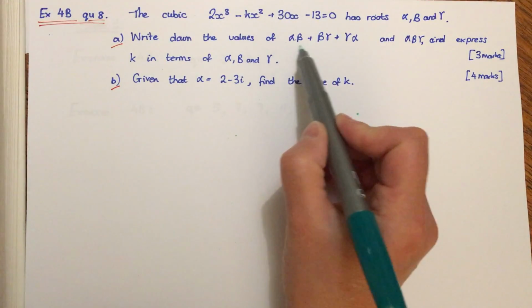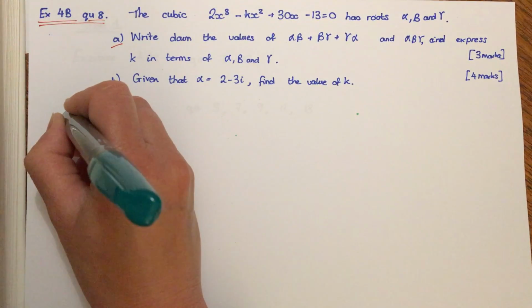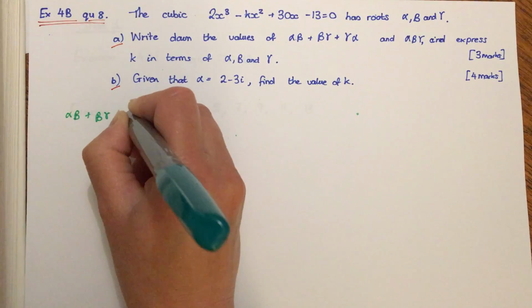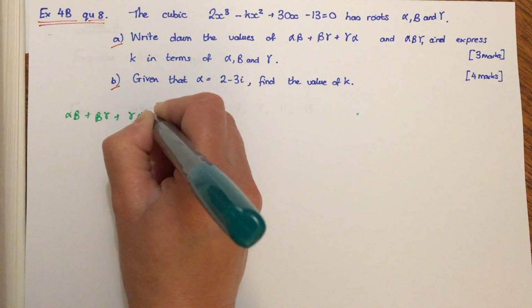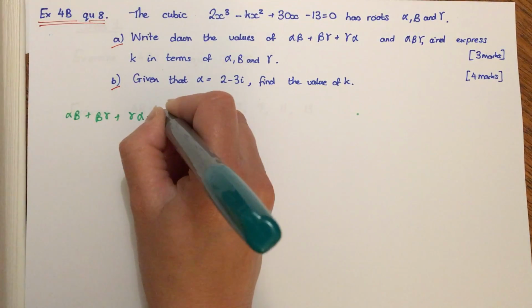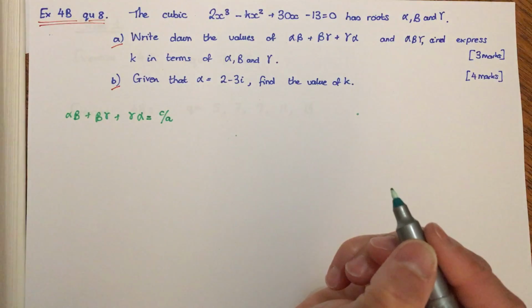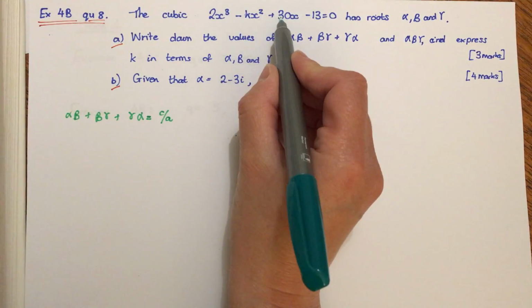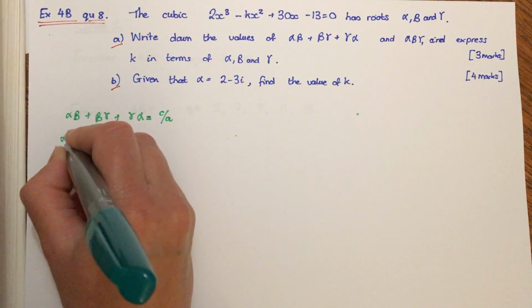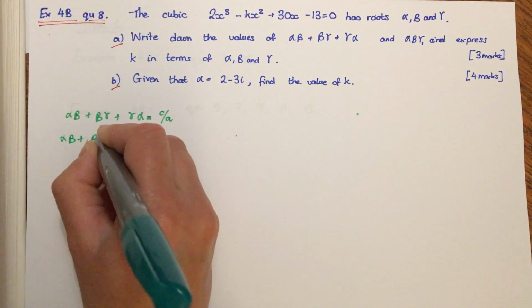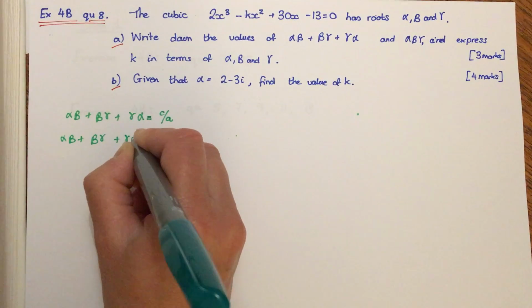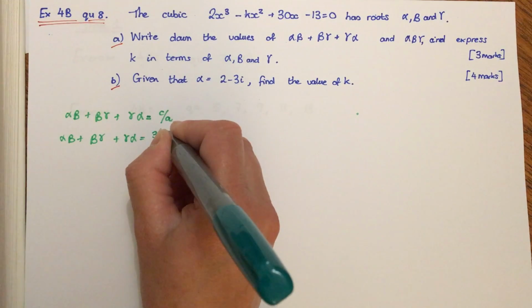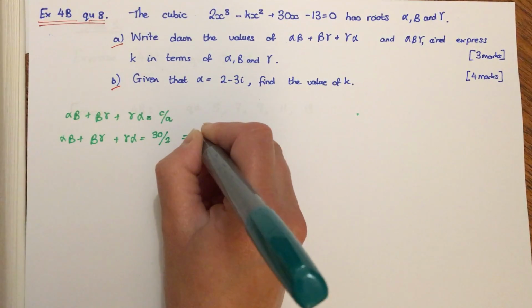So first of all, for this one here, we know that alpha beta plus beta gamma plus gamma alpha is c over a. So that's 30 over 2, which is 15.